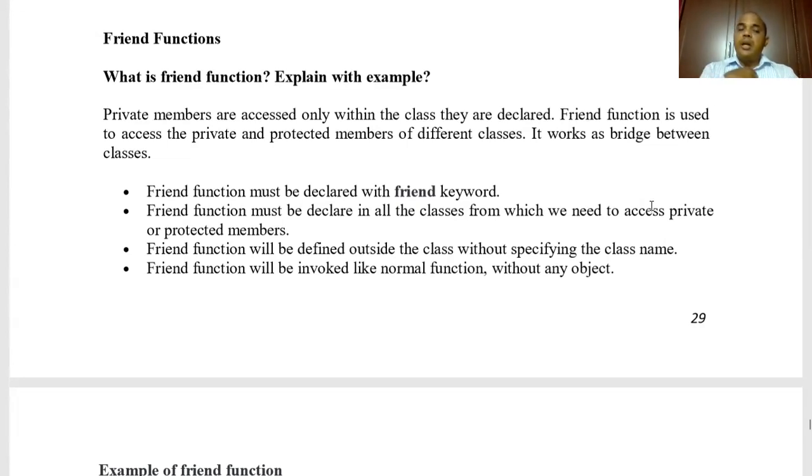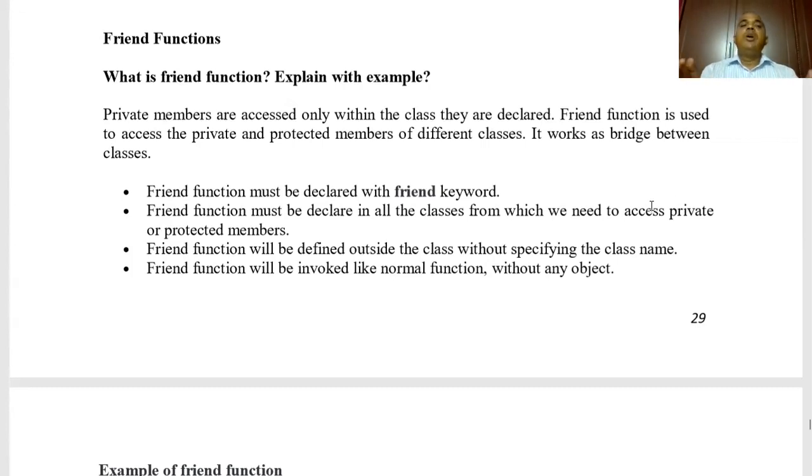Clear? I have one friend, but he is not a member of my family. But I am granting friendship. I am maintaining friendship with him. That's why I gave permission to allow him to access my mobile.